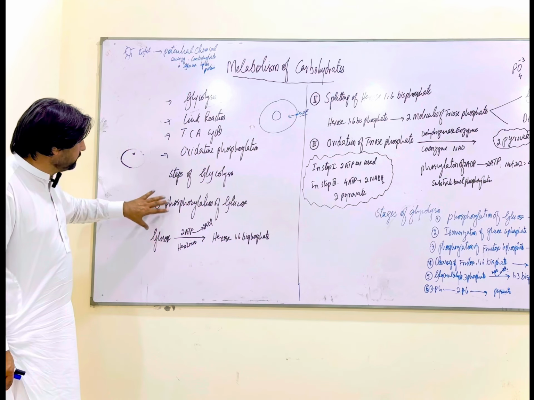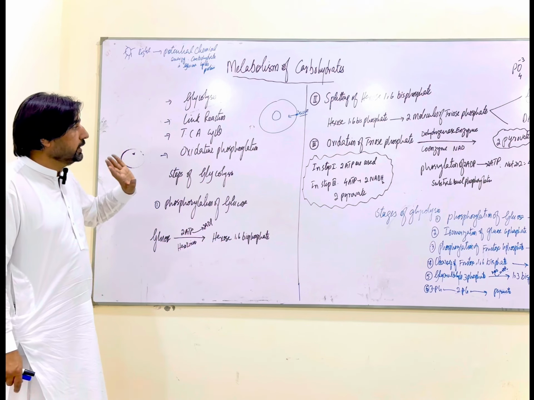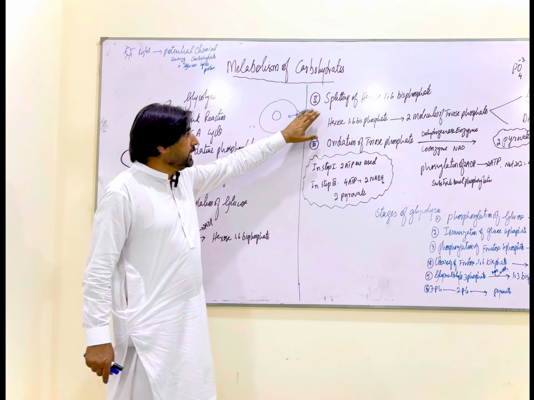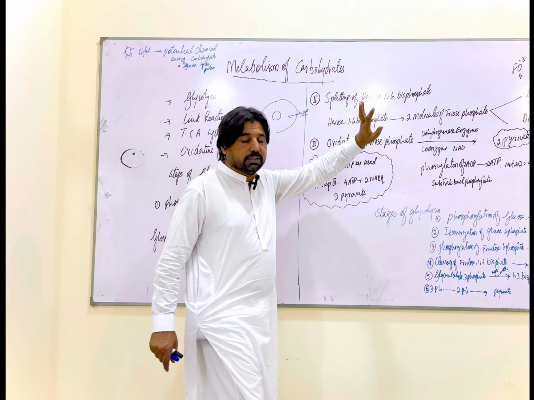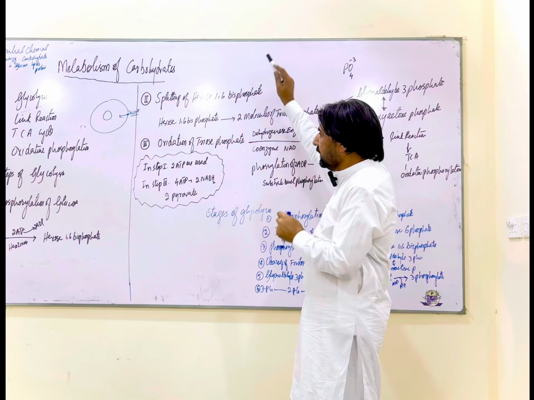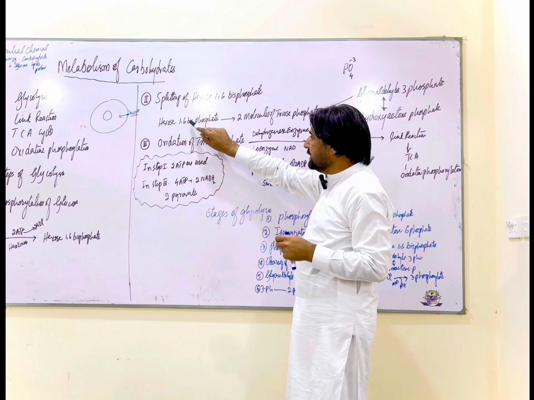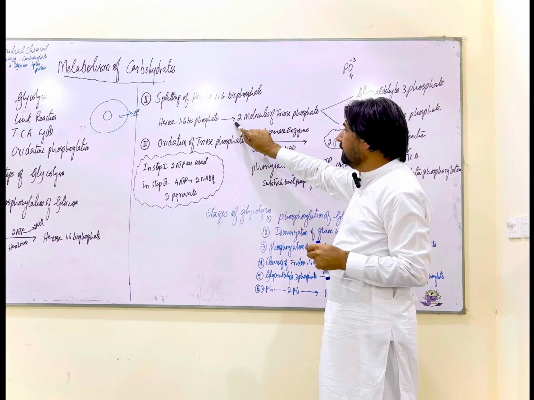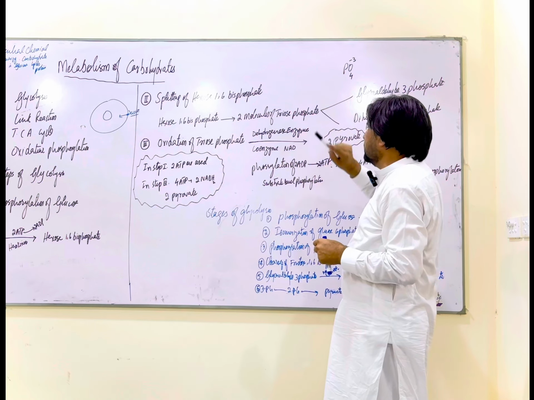So the first step is phosphorylation of glucose, and the next step is splitting of hexose 1,6 bisphosphate. In the first step, hexose 1,6 bisphosphate was formed. Now this hexose 1,6 bisphosphate splits into two molecules of triose phosphate.